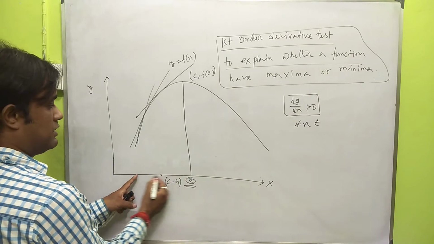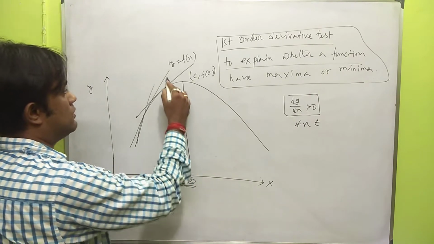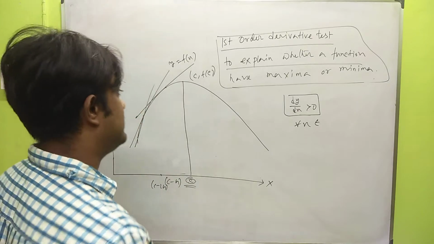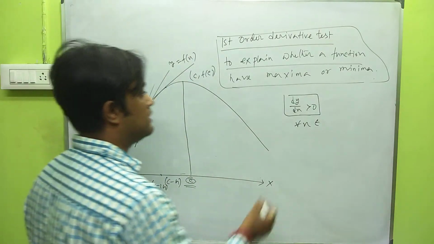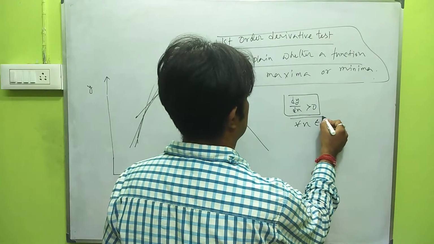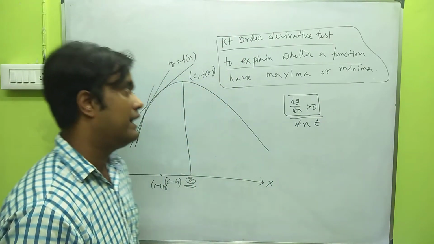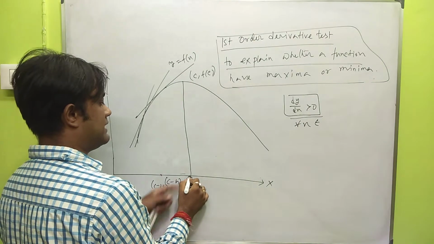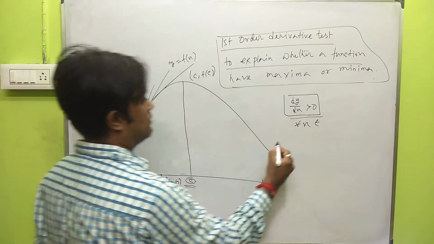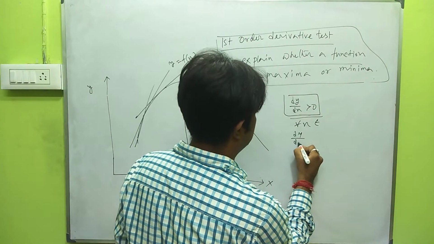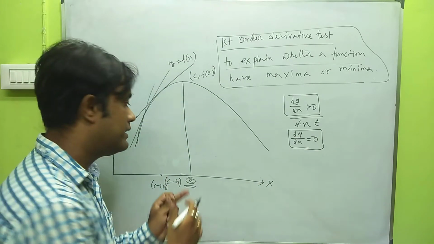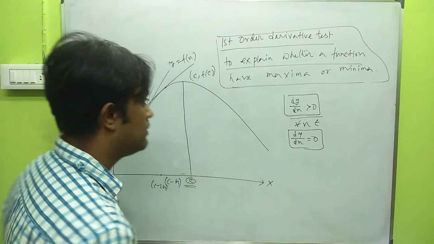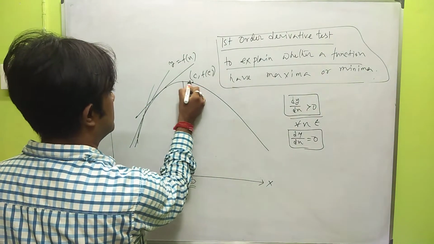In the left portion of C, if we draw a tangent, it makes an acute angle, that is dy by dx is greater than 0, and at the top, at the point C, we observe that dy by dx is equal to 0.